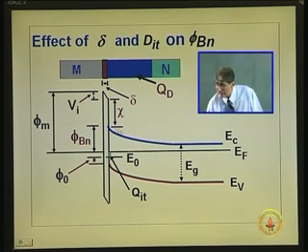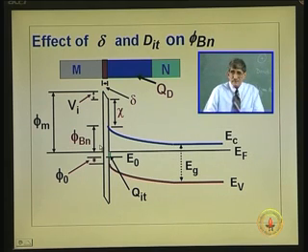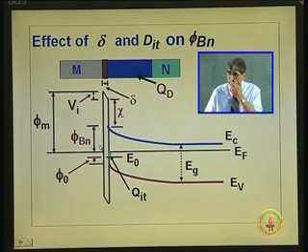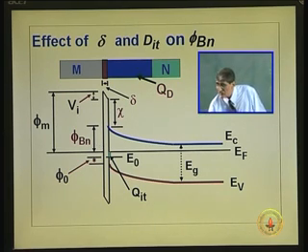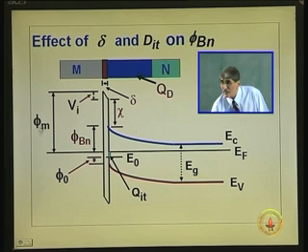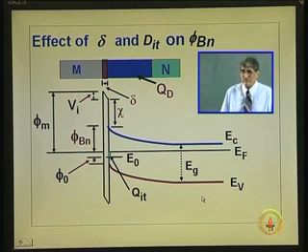This is the conduction band. After all, if this layer were not present also, you would have got that transfer of electrons, because phi m is larger than phi s, electrons would have transferred from here to here. So, you got a depletion layer here and you get this entire band bending.